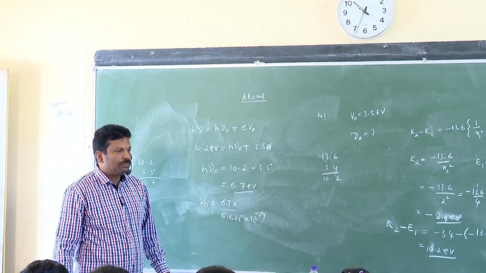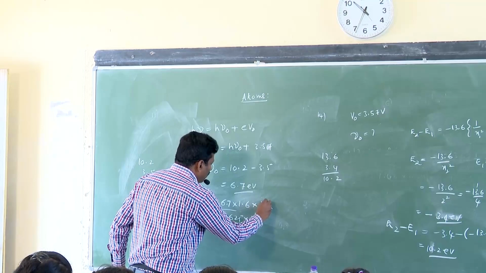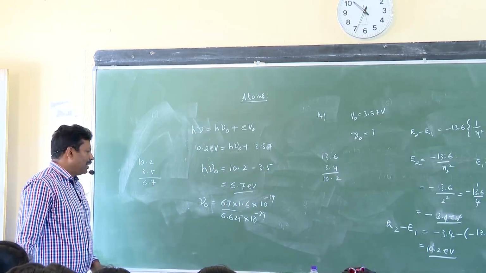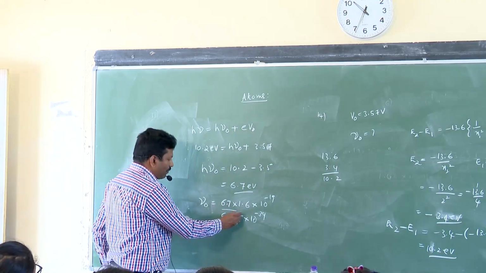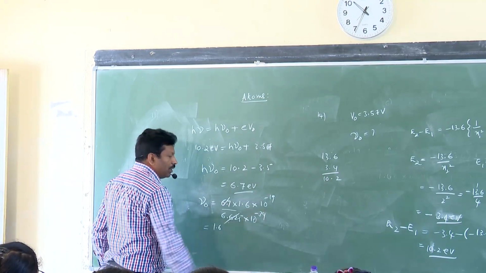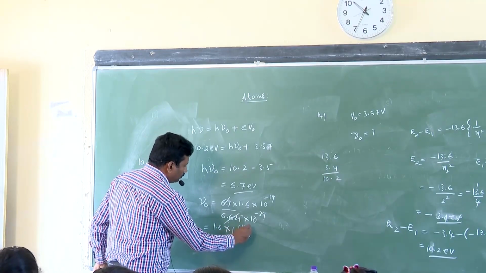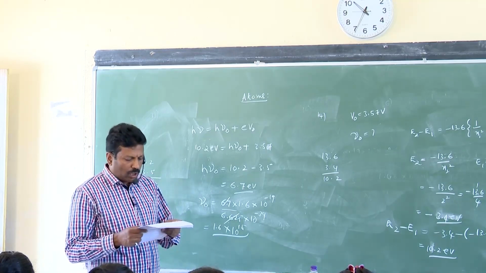Multiply by 1.6 into 10 power minus 19. Simplify: 6.7 and 6.625 cancel. So we get 1.6 into 10 power 15, option number C.